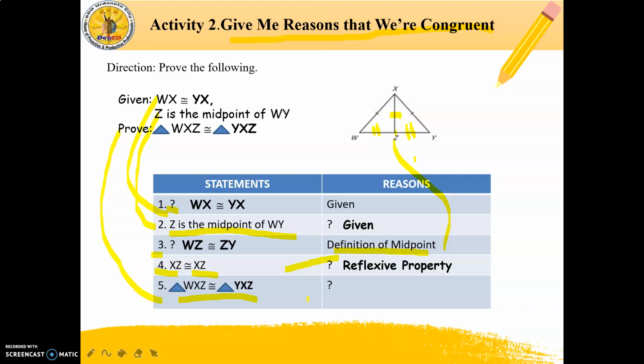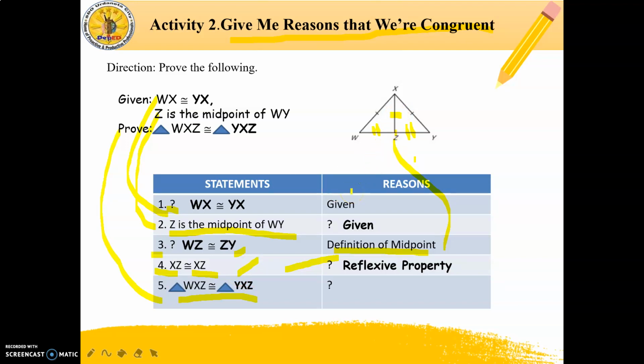For what reason? Since the first corresponding sides, WX and YX, are congruent, the second corresponding sides, WZ and ZY, and the third corresponding side, XZ, is congruent to XZ.